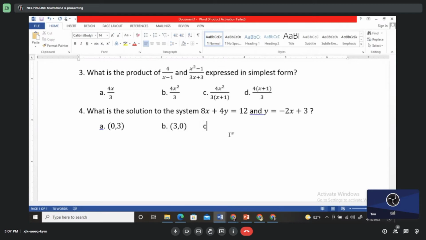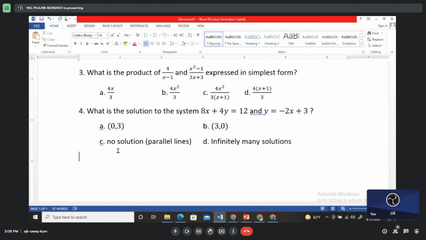For letter C, no solution, maybe because it is a parallel line. And letter D, infinitely many solutions.